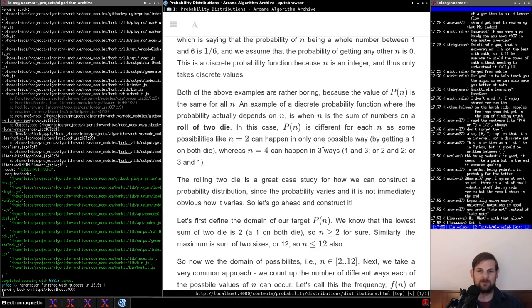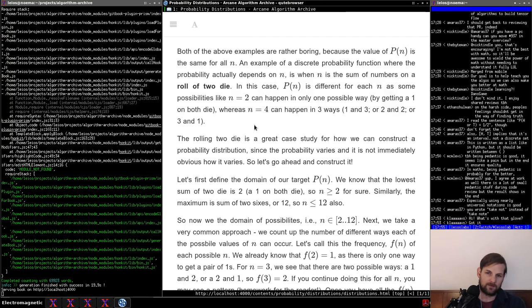In this case, p of n is different for each n, as some possibilities like n equals 2 can happen in only one possible way, getting 1 on both die, whereas n equals 4 can happen in 3 ways. The rolling of 2 die is a great case study for how we can construct a probability distribution, since the probability varies and is not immediately obvious how it varies.